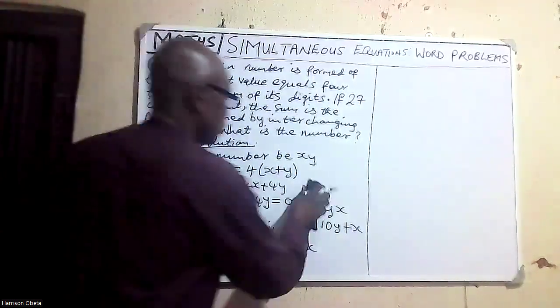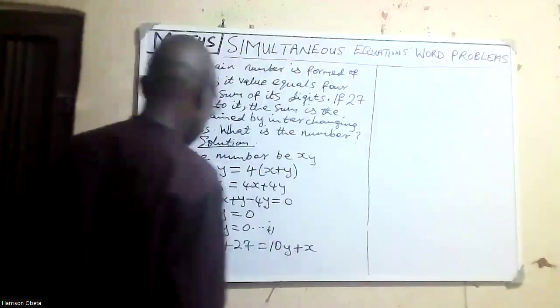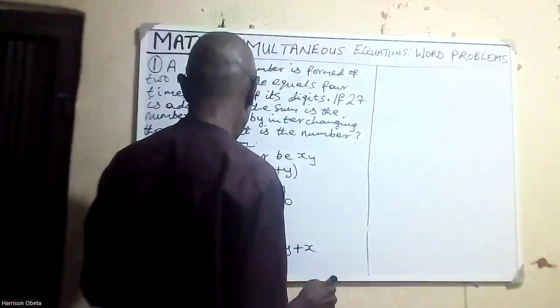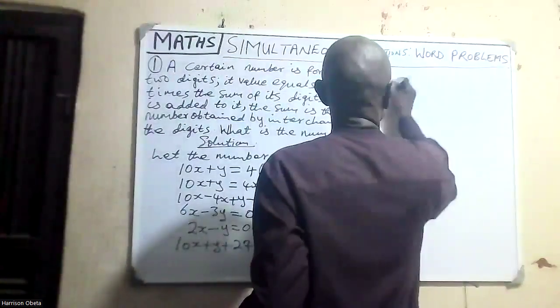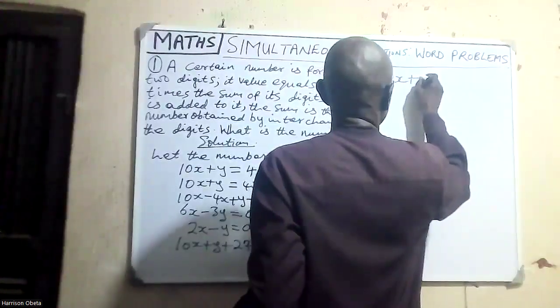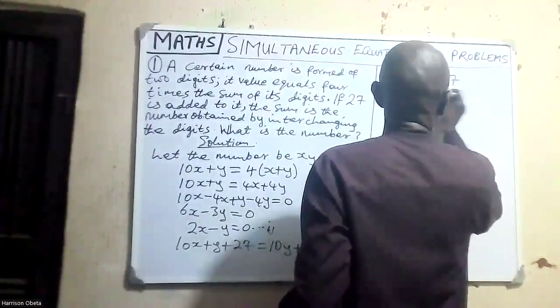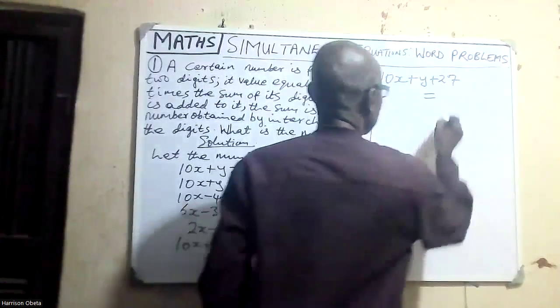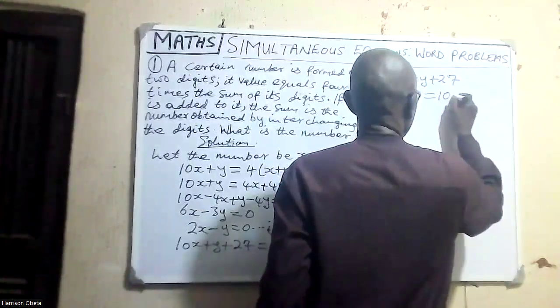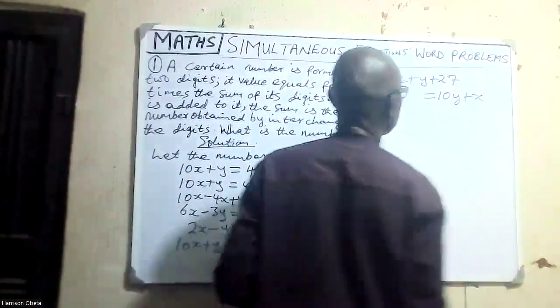So to move on, you simplify from here. We have 10x plus y plus 27 is equal to 10y plus x.